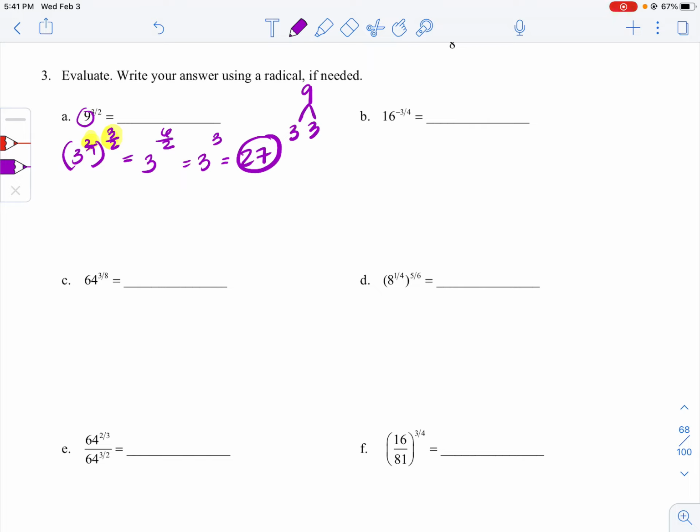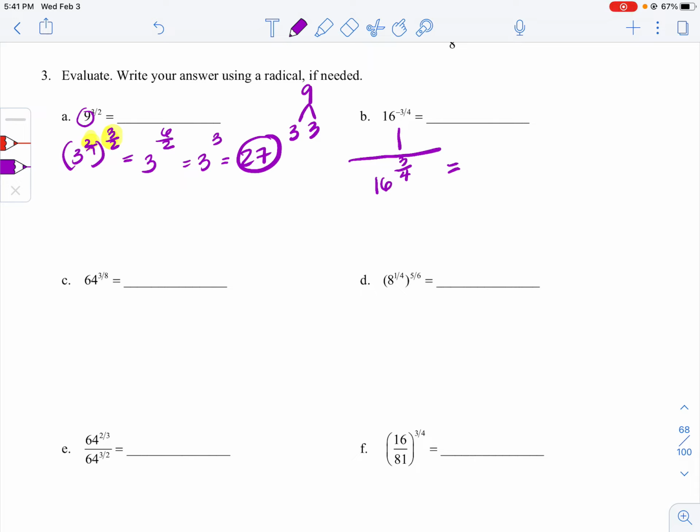All right, 16 to the power of negative 3 over 4. You can put this one under now because it has a negative exponent. We know it goes under. So we can do that now or we can do that later, and we can simplify it first. It doesn't really matter what you do first. But we can simplify it now and put this under. So I am going to be dealing with a positive 3 over 4.